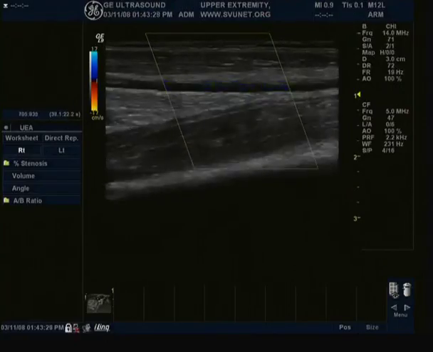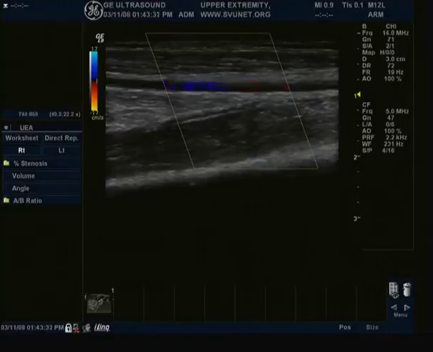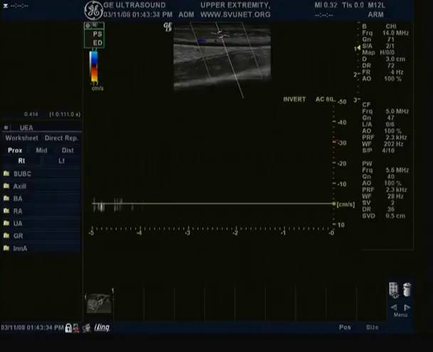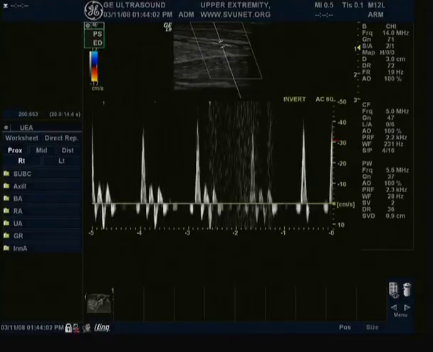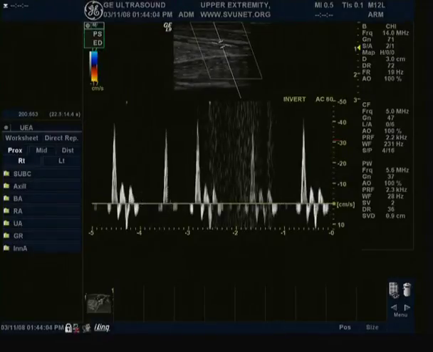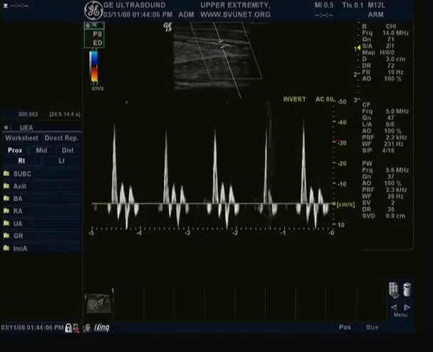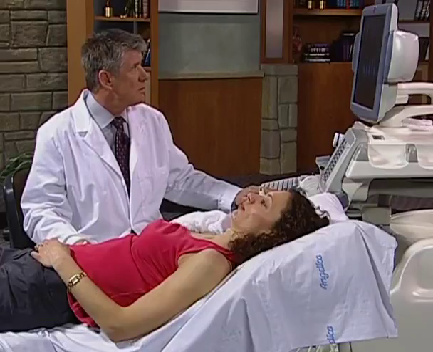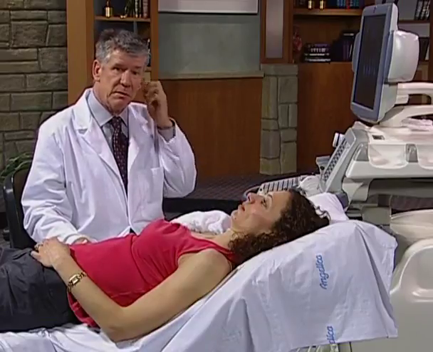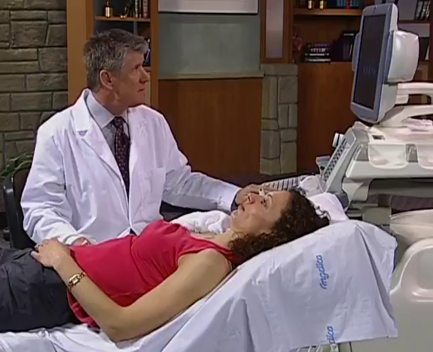I'm going to have, once I get on the artery here, we'll look at the pulse Doppler flow. Okay, so this is the radial artery at rest. And Cynthia, can you just make a fist and hold it for a moment or two? So just having her make a fist, and then let's just release that.